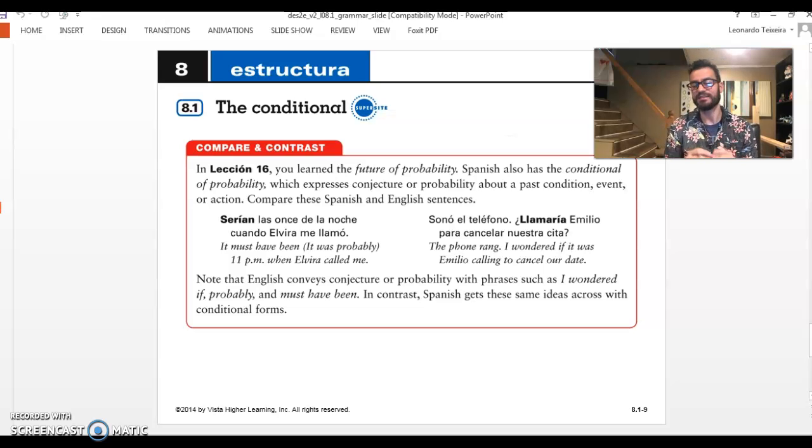So that is literally the icing on the cake, and something that we don't use as often as the idea of polite requests and hypothetical situations, putting yourself in someone else's shoes. Like, I wouldn't do that. Okay, I wouldn't buy this, but it is something that you see sometimes in Spanish.